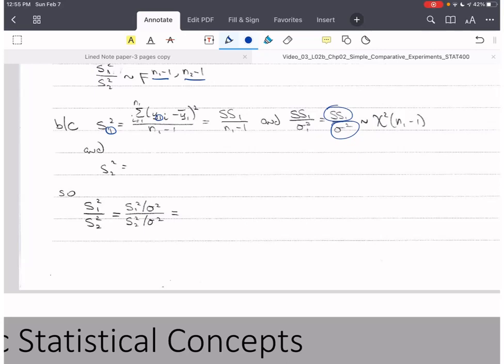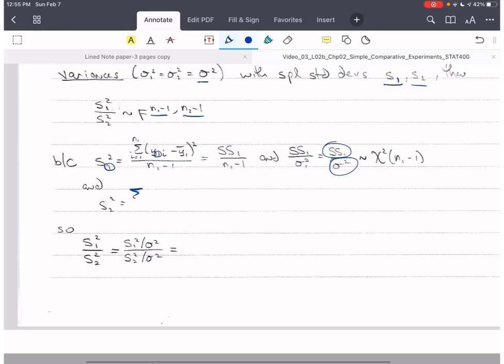Okay? So S2 squared can be written as the sum of Y2i minus Y2 bar squared over n2 minus 1, or I could write that as SS2 over n2 minus 1.